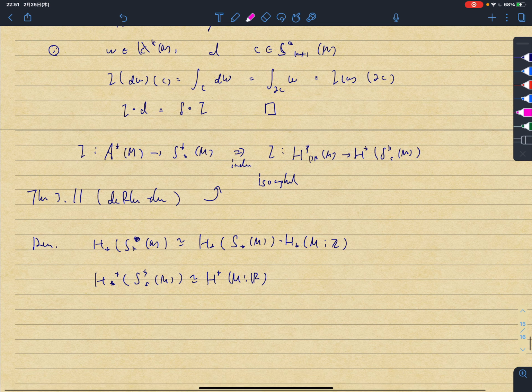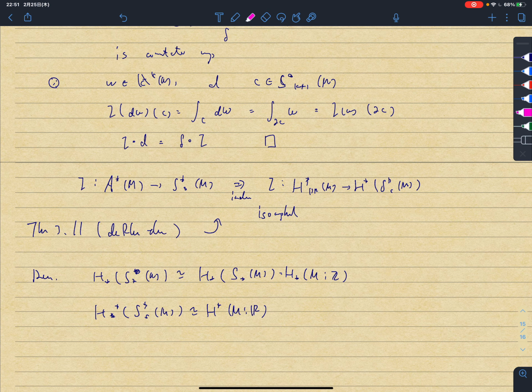So H star M R and de Rham cohomology, this is an isomorphism from this to this. So what do I mean? I'm confused, but this is the conclusion of the de Rham theorem. De Rham cohomology is topologically invariant.